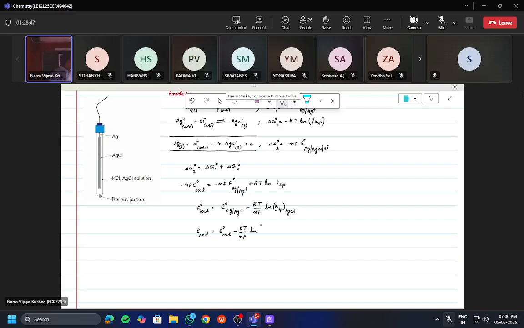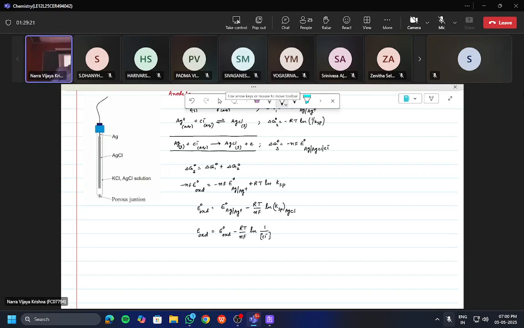So for this overall reaction, what is the product and what is the reactant? The product is 1 upon the reactant Cl minus. For this overall reaction and overall EMF, the Nernst equation is E equal to E0 of this minus RT by nF ln concentration of products of this by reactants of this. Clear? Any questions?